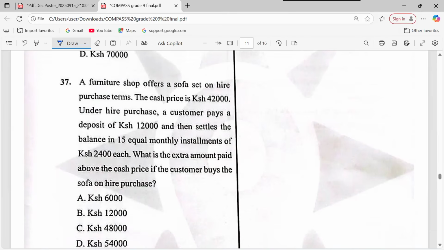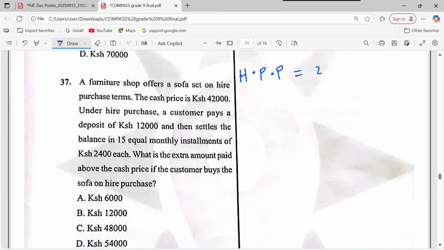So the total hire purchase cost shall be a deposit, sorry. We shall have a deposit, 12,000. Then we add, after this deposit now, 15 installments, each 2400.